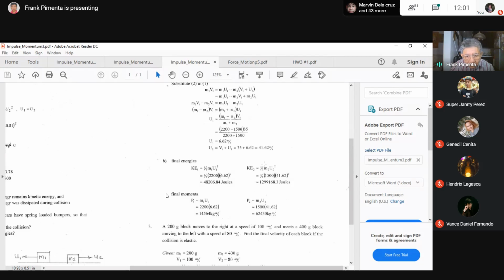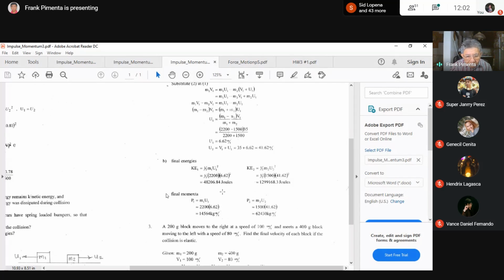For body number 2, KE2 equals 1/2 M2 U sub 2 squared, and U sub 2 is found to be 41.62 meters per second. Simplifying this, it is 1,299,168.3 joules. That is the final energy.